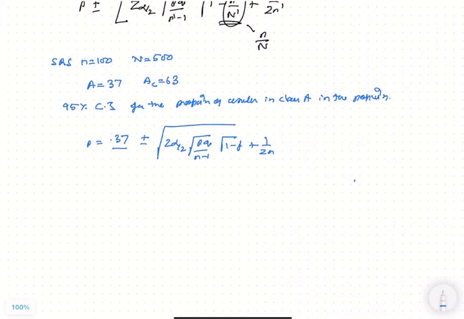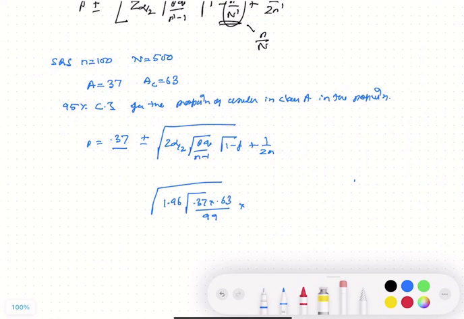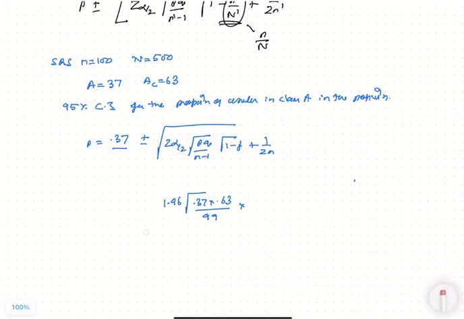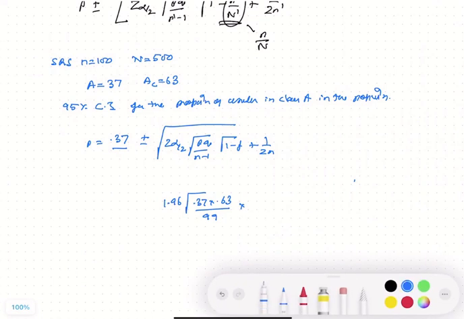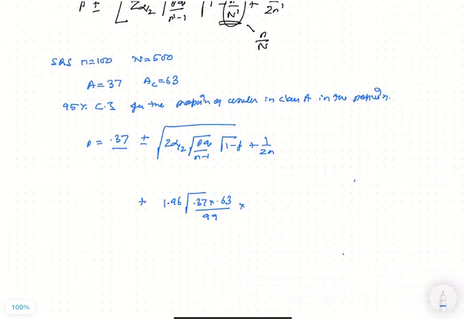So this is going to be 1.96 times the square root of 0.37 times 0.63 divided by 99, multiplied by 1 minus 100 over 500, plus 1 upon 200.